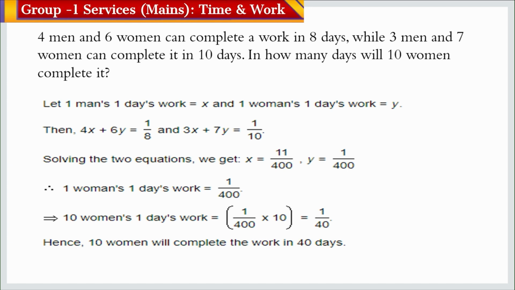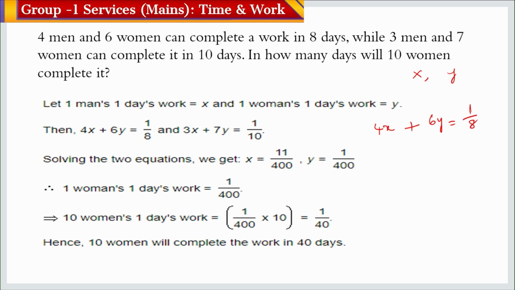We don't know the work done by men in 1 day, say x, and the work done by women in 1 day, say y. 4 men do 4x work in 1 day, 6 women do 6y, so 4x plus 6y is equal to 1/8.